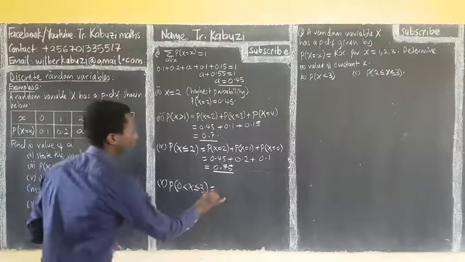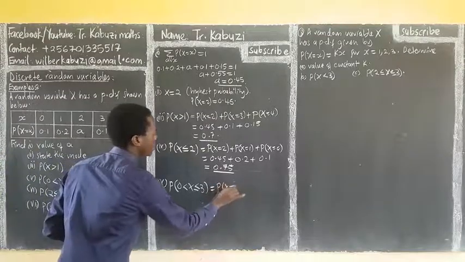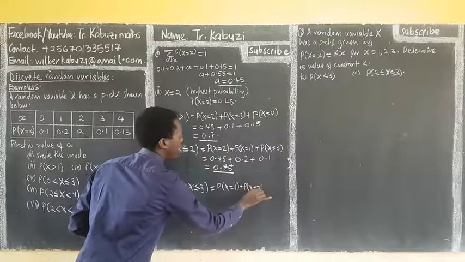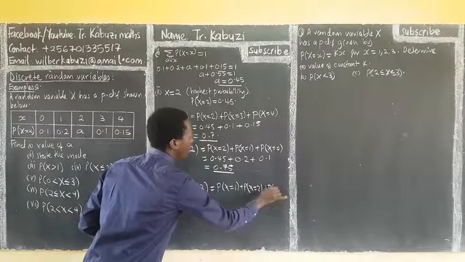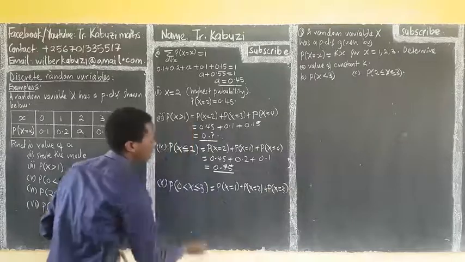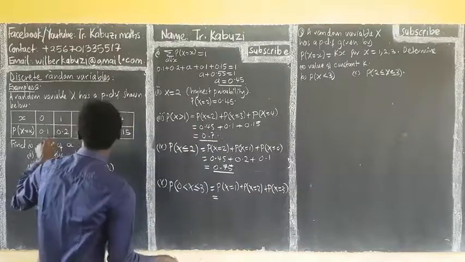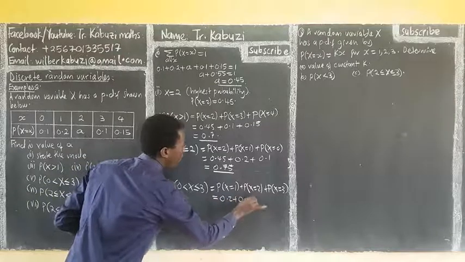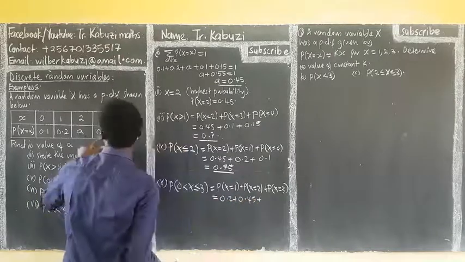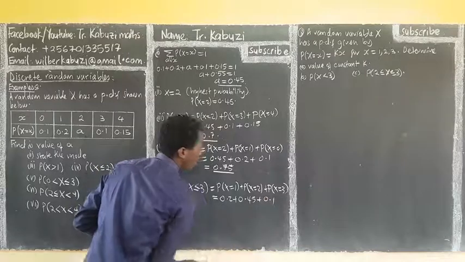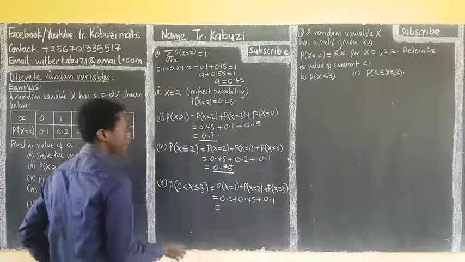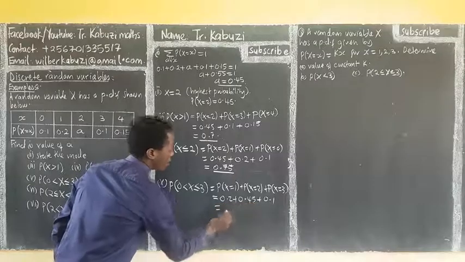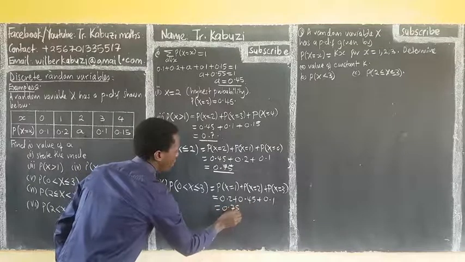This is the probability when X is 1, probability when X is 2, probability when X is 3. Substituting them there, for 1 is 0.2 plus 0.45 plus 0.1, and when you add these ones, we get 0.75.